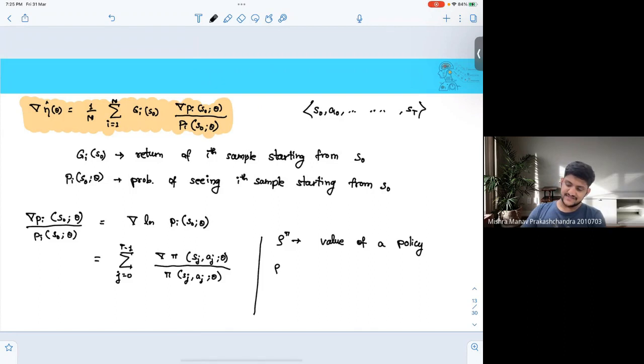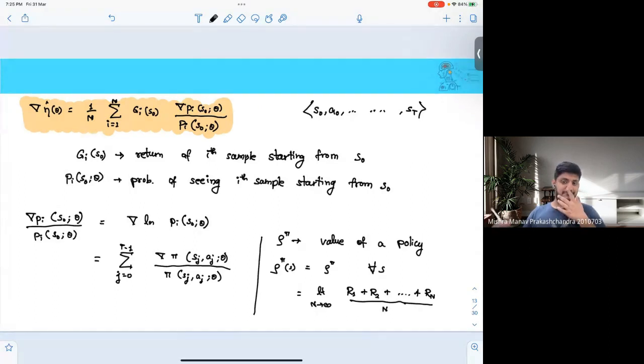Let's say rho pi of s is equal to rho pi for all s, so this is stationary. This can be defined as the limit as n tends to infinity of simply the average reward formulation. All the separate rewards that you get on following that particular trajectory, you simply average, without any discount parameter. So we are looking at an average RL reward setting over here.